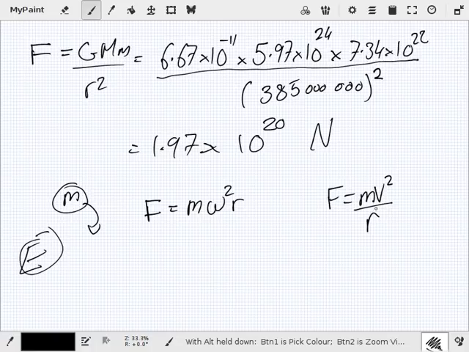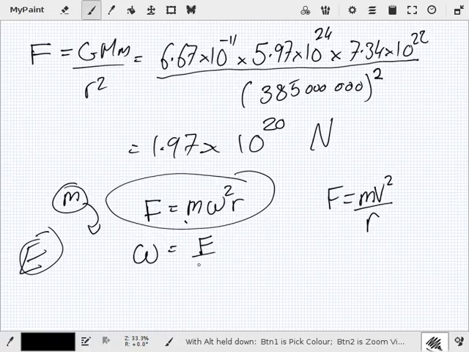Which one should we use here if we want the time? The first one. Because we can get the omega. We'll use this one. So then omega equals the square root of F over m r.